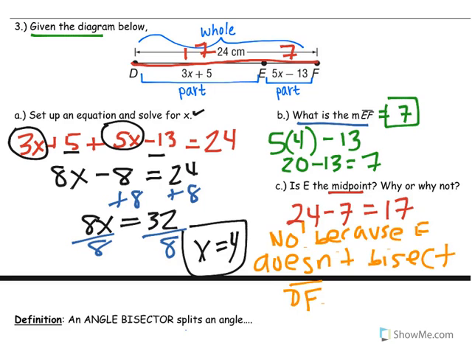In order for E to be the midpoint, both of these measurements would have had to be equal, 7 and 7, or 17 and 17, but we don't have that in this case. So at this point, you can flip the page, but you'll watch another video that will talk about angle bisectors.